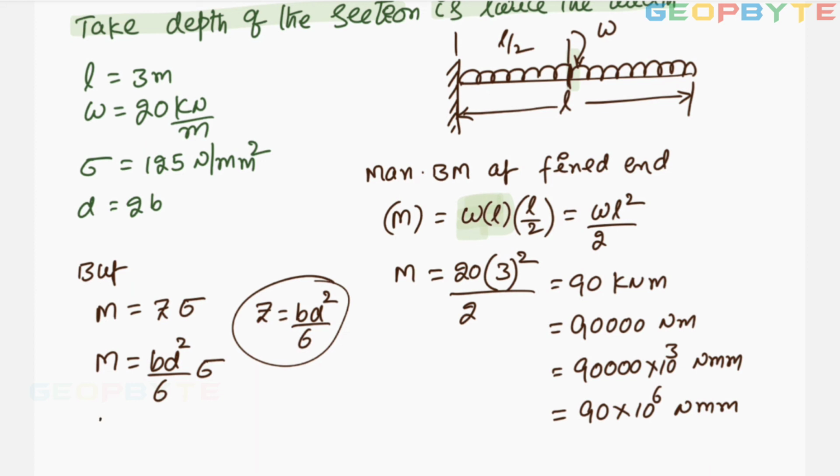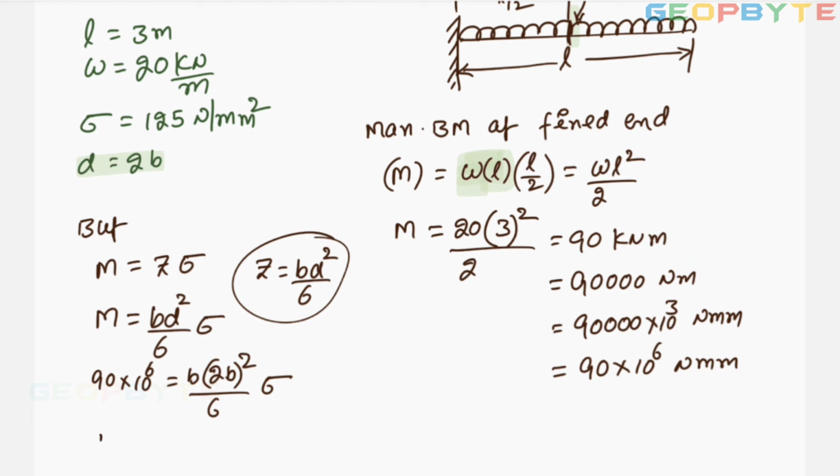Here M is 90 into 10 power 6, equal to breadth into depth, where depth equal to 2 times the breadth, depth equal to 2 times the width. So it is 2 times the b whole square by 6 into sigma.